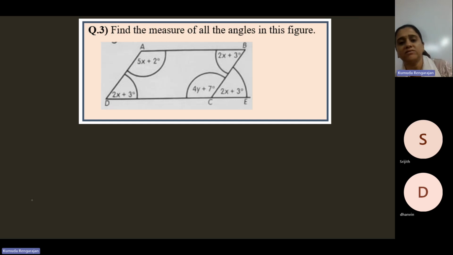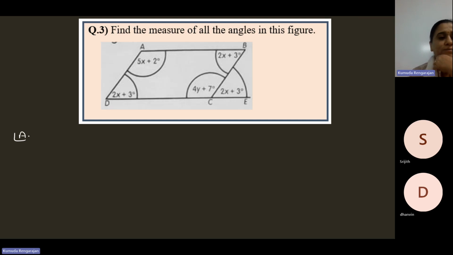Find the measure of all the angles in this figure. Srijit, answer this question.